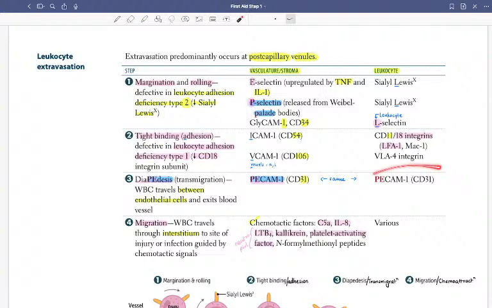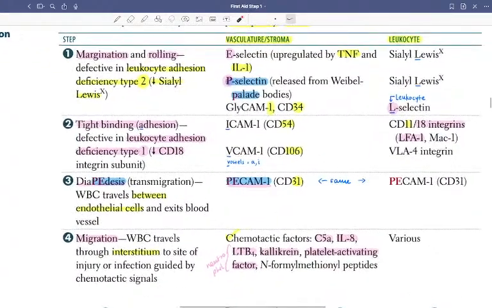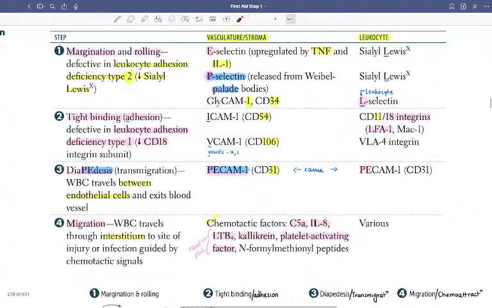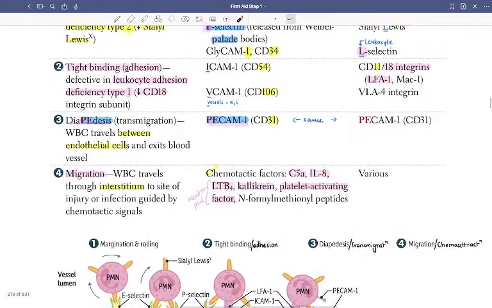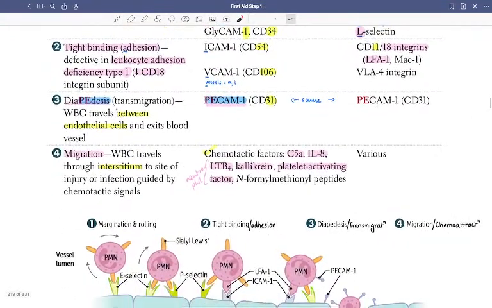This needs to be seen on the last day as well. Next, on vasculature stroma, we have ICAM, CD54, and VCAM, CD106. I do not have any mnemonics for it.